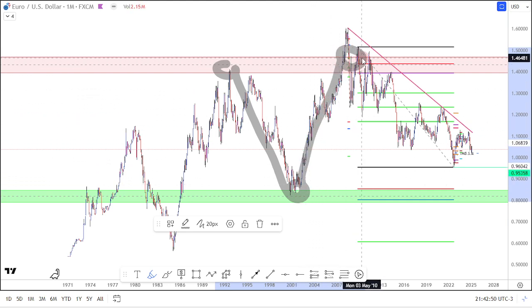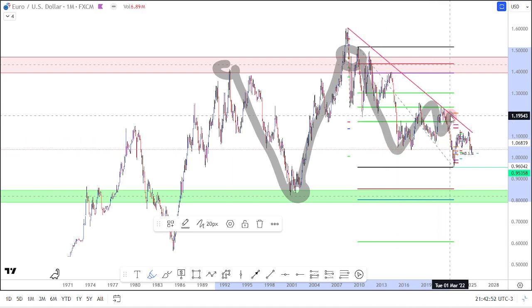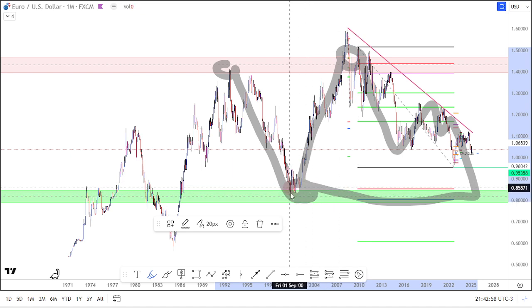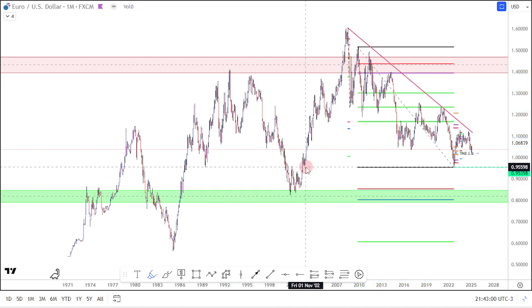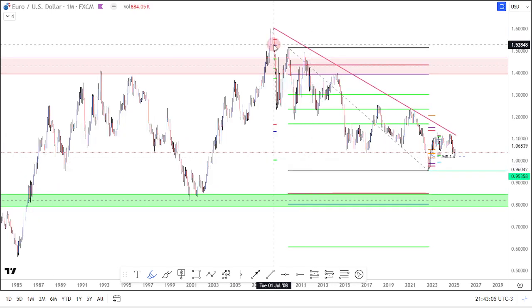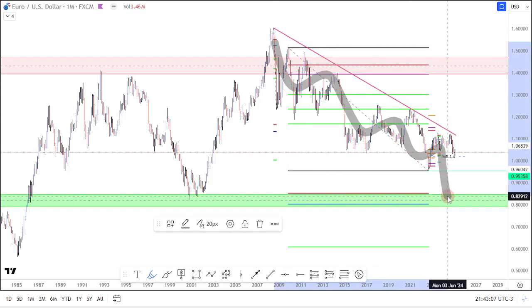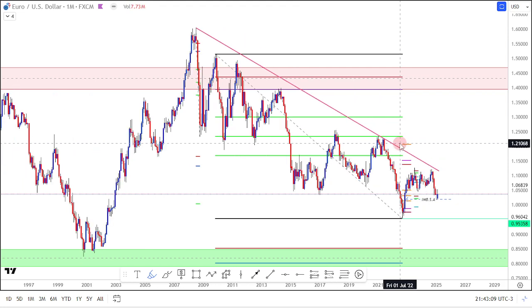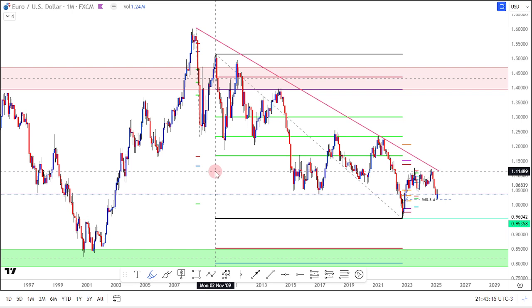Long term, I'm expecting the market to confirm this previous support area. This is exactly what I'm expecting, guys. Long term, I'm expecting the market to fall down to this area. Hopefully we are going to see that happen. It might take a long time, maybe the next 5 years, I don't know, but it will surely happen.